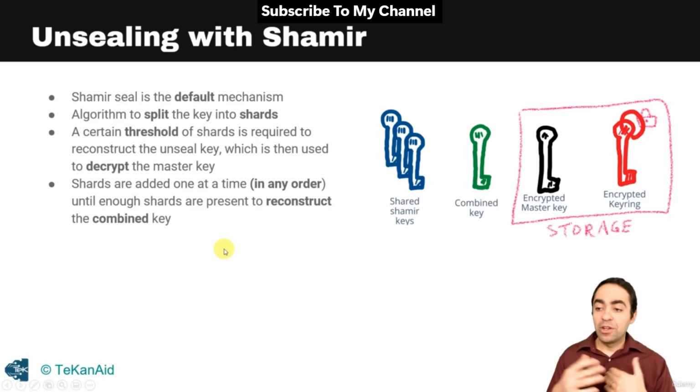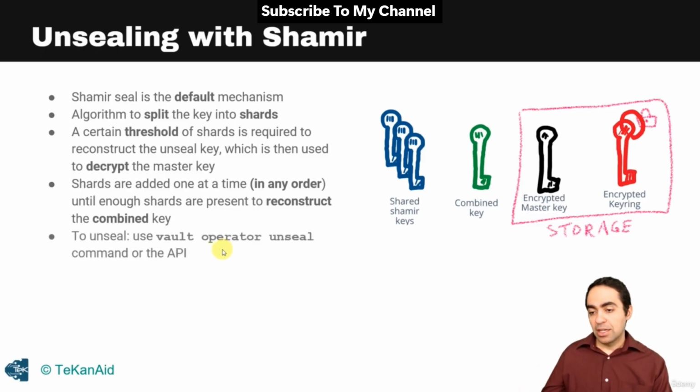Shards are added one at a time in any order until enough shards are present to reconstruct the combined key. To do that, you basically need to run vault operator unseal. That's the command on the CLI, or you can also do that via the API. And you can also do it with the UI.